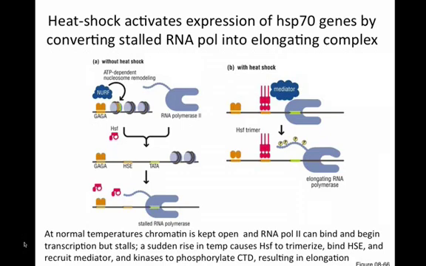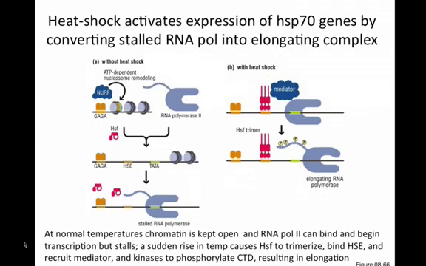You get a conformational change in heat shock factor to form this trimer, meaning three heat shock factors binding together. And only that will allow interaction with the heat shock element. That results in recruitment of mediator, and then you end up with conversion into the elongating RNA polymerase.